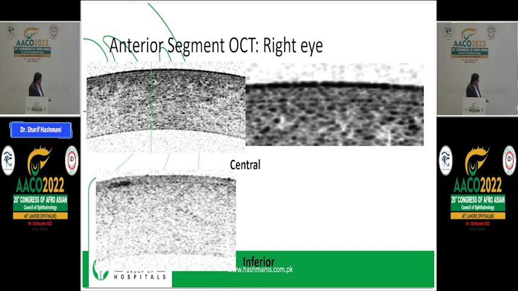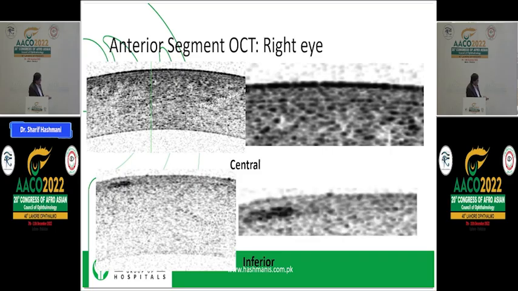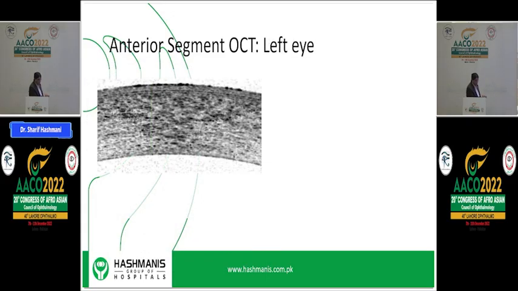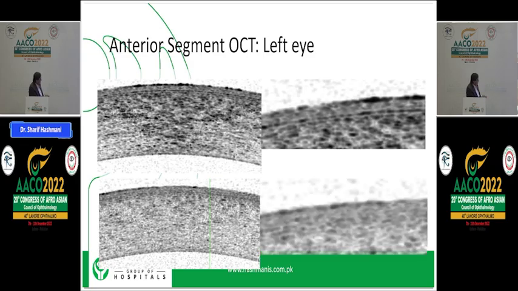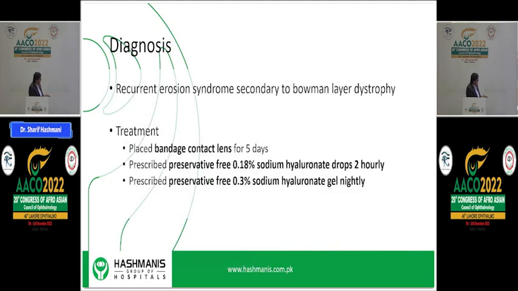In the inferior part, you can see a clump of Bowman membrane, with no Bowman membrane here and a clump there. Here also you can see the clumping of the Bowman membrane. In the left eye also, you can see a similar picture. The Bowman membrane is absent here. You can see it here, but not here. And in this picture also, you can see the broken Bowman membrane.